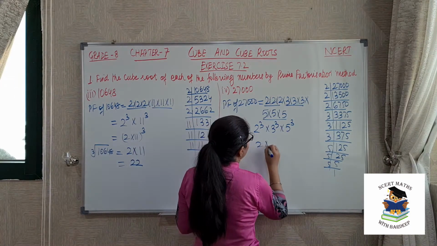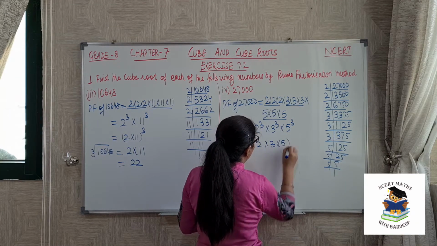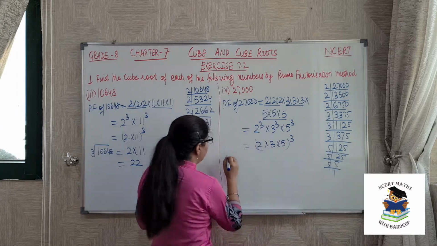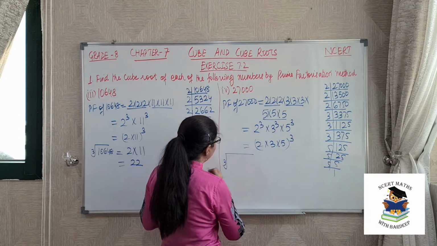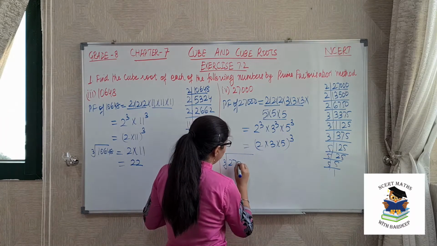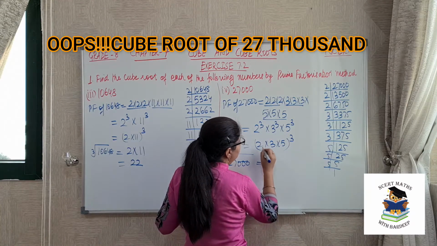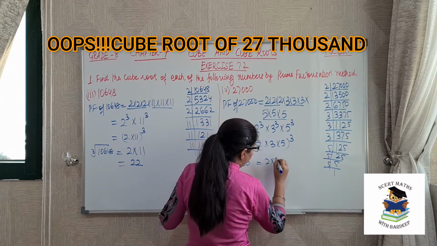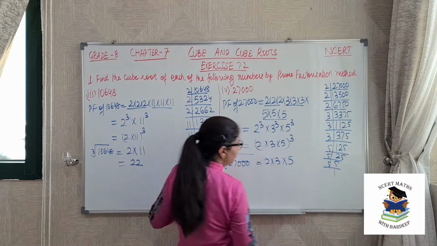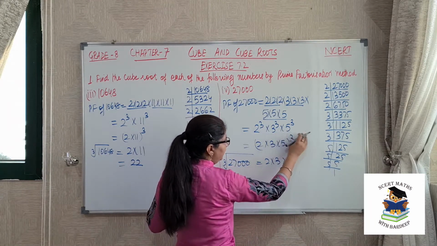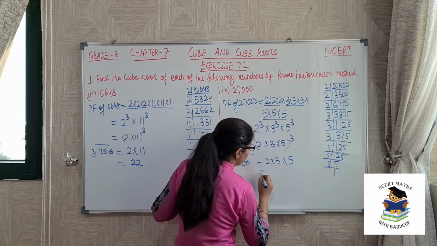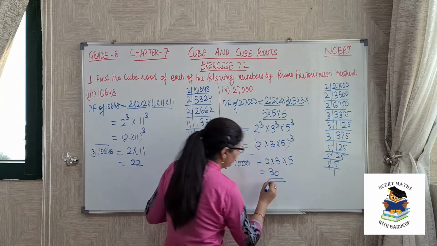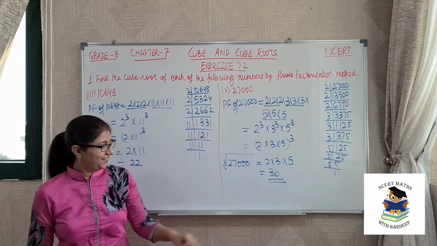So take the power out, whole raised to power 3. After this step you will write cube root of 27,000 is, each factor should be written. Okay, so this 3 will be eliminated. So 2 3s are 6, 6 5s are 30. So cube root of 27,000 is 30.